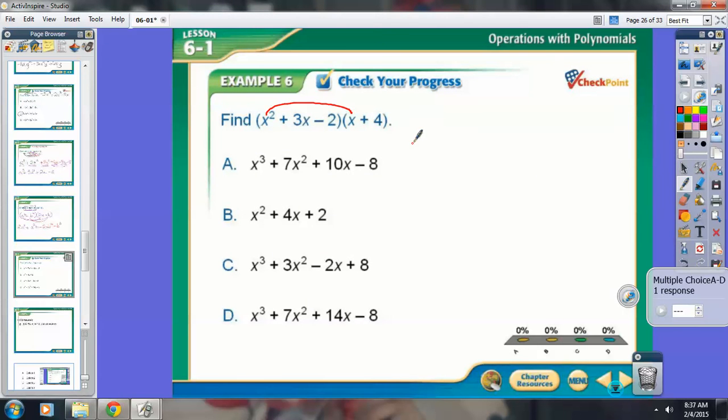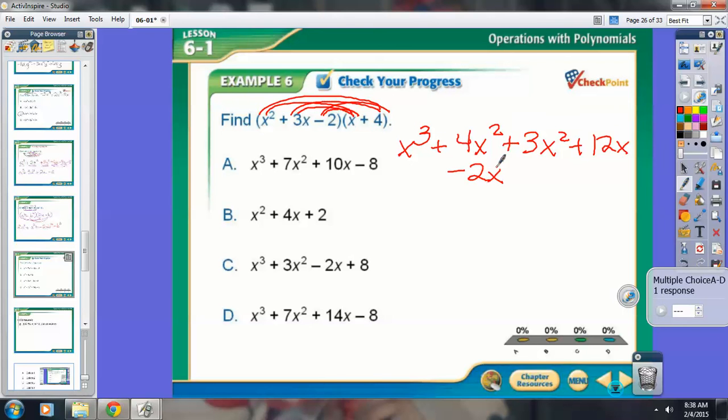X squared times x is x to the 3rd. X squared times 4, 4x squared. We'll distribute our 3x next. 3x times x is 3x squared. And 3x times 4, 12x. Distribute our negative 2. Negative 2 times x is negative 2x. Negative 2 times 4 is negative 8.